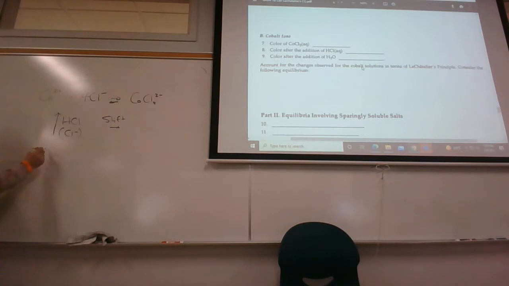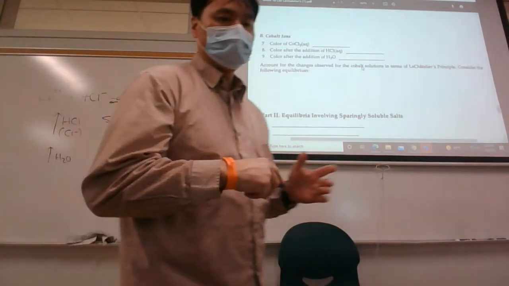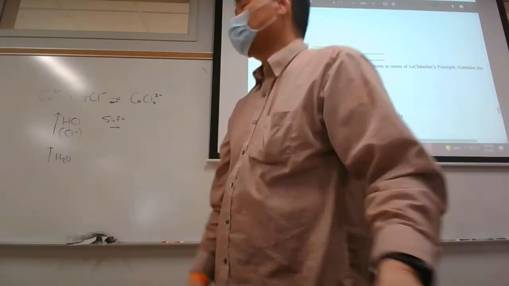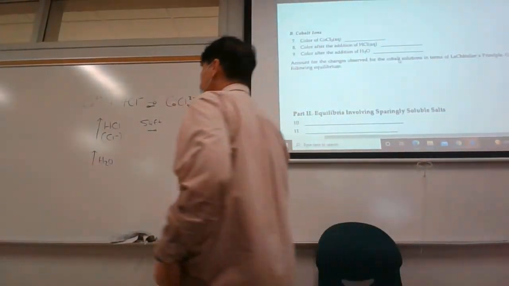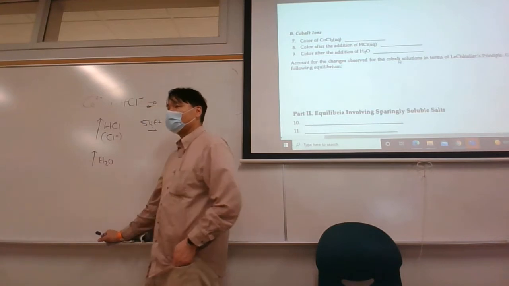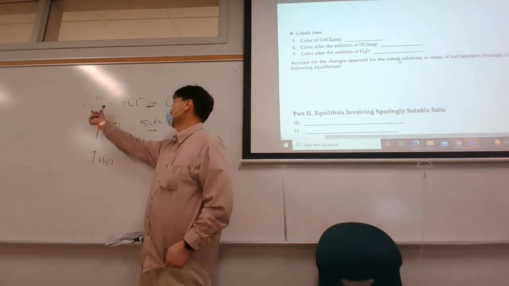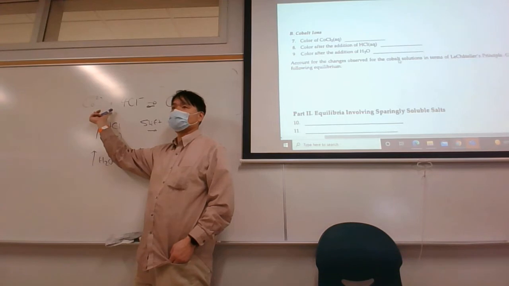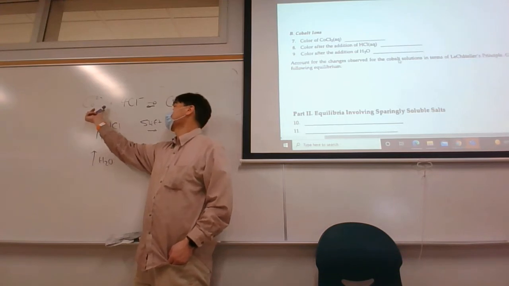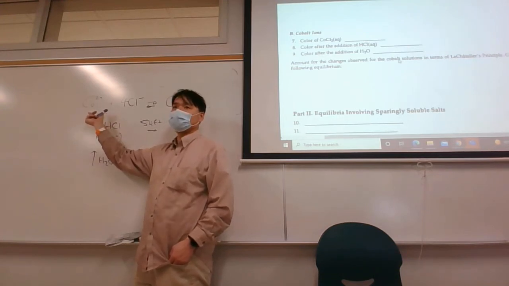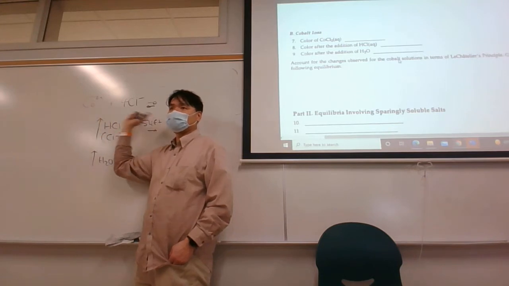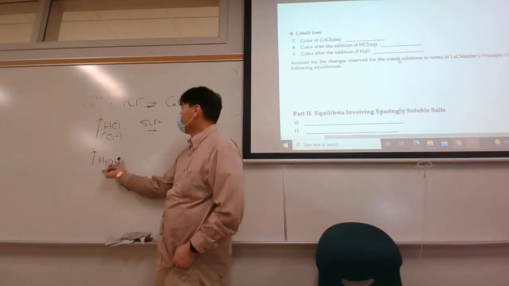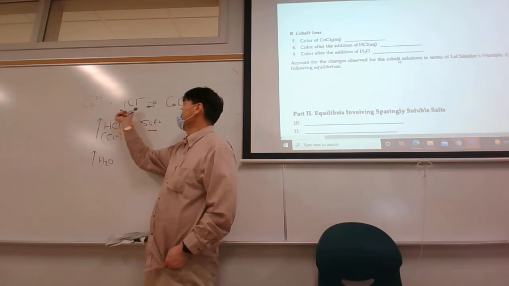What if we add water? If we add water, what that's going to do is decrease the concentration. So if we add water to cobalt 2, it decreases the concentration. So if we decrease the concentration of cobalt 2, which way does it shift? Shifts to the left. So if we add water, we're decreasing the concentration of cobalt 2 and chloride.